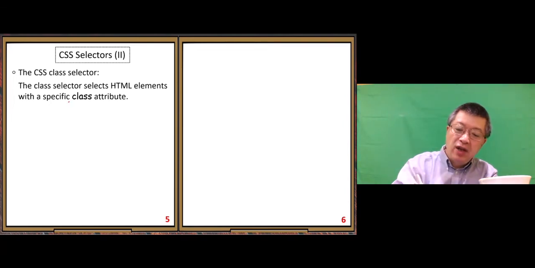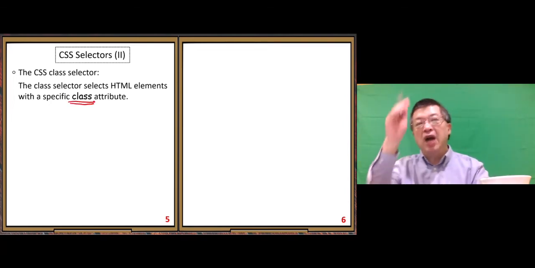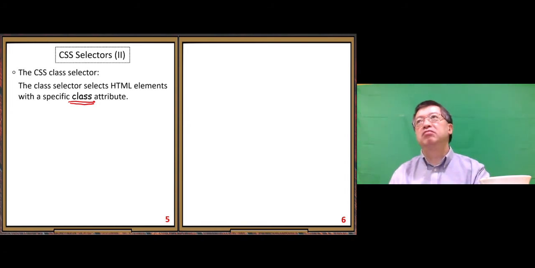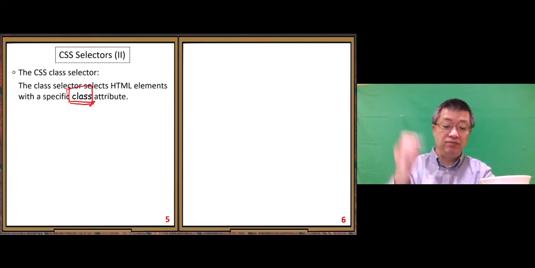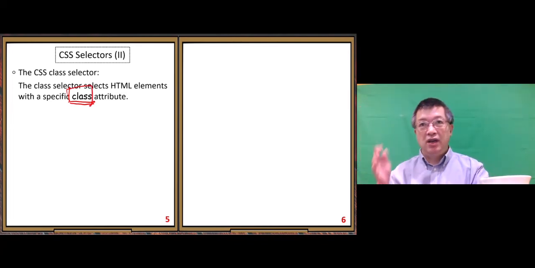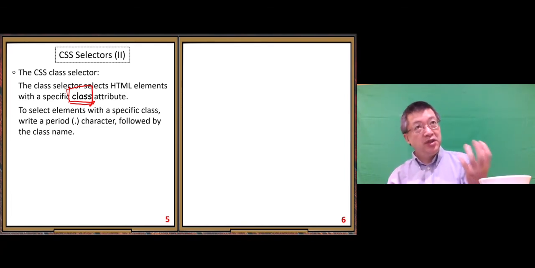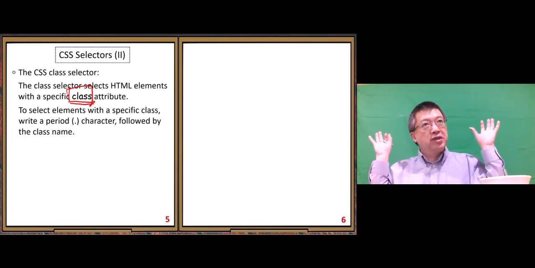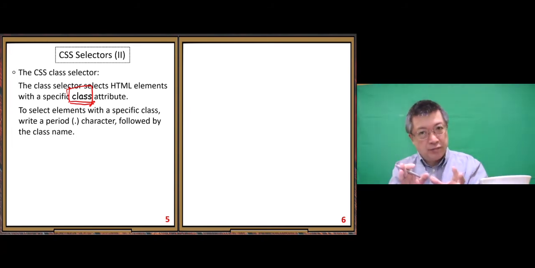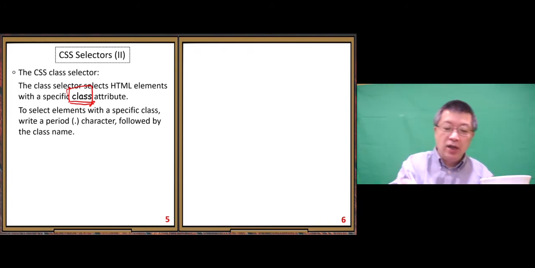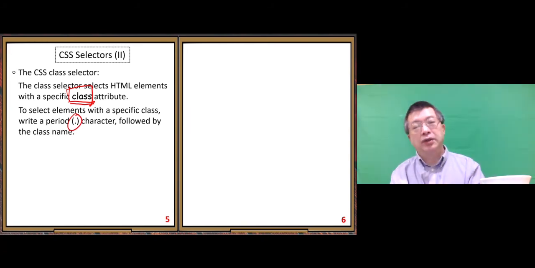So how do you define a class of elements? Use the class attribute. And in the selector, you need a special symbol to tell the browser we want to apply this style on a class. That symbol is the period, the dot character.